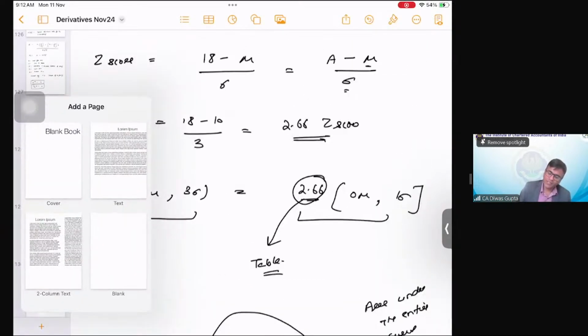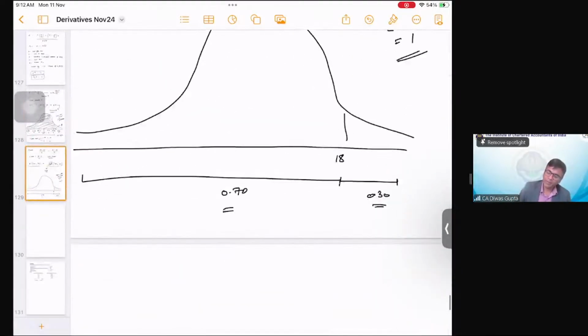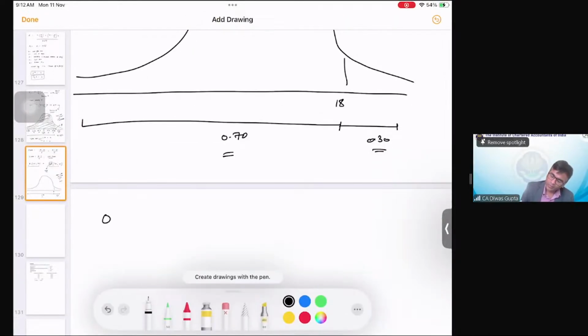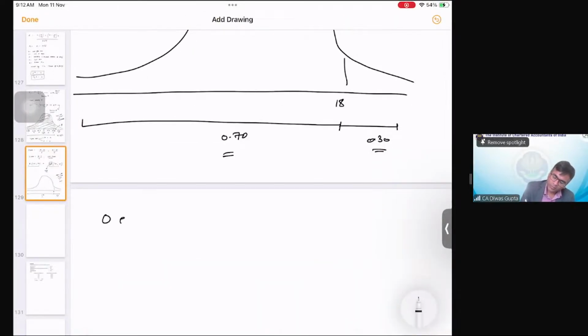Sometimes the question gives us one tail probability. Okay. One tail probability needs to be always converted to cumulative. Right?